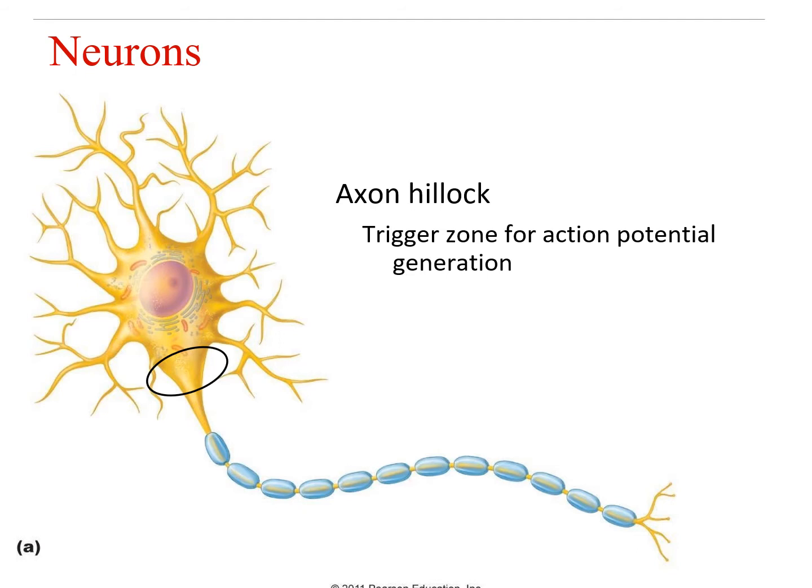Now, this point, the trigger zone, is where getting to negative 55 really, really counts. If you hit negative 55 way out on a dendrite on the opposite side of the cell body from the axon hillock, you may or may not get an action potential out of it. But if you hit negative 55 at the axon hillock, it's going to trigger an action potential that will move down the entire axon. So this is the really important part of the axon for generating an action potential.